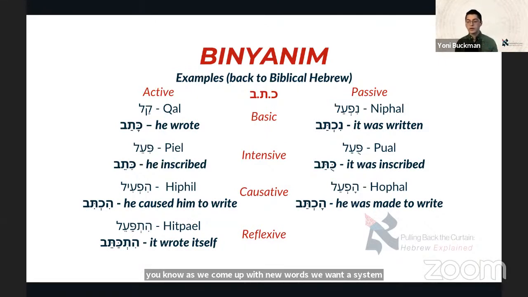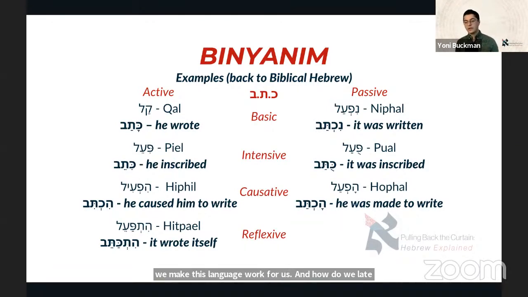So modern Israeli Hebrew was much more of an intentional invention than ancient Hebrew was. Ancient Hebrew was a little bit more organic. Modern Hebrew was really how do we make this language work for us, and how do we lay down these rules?